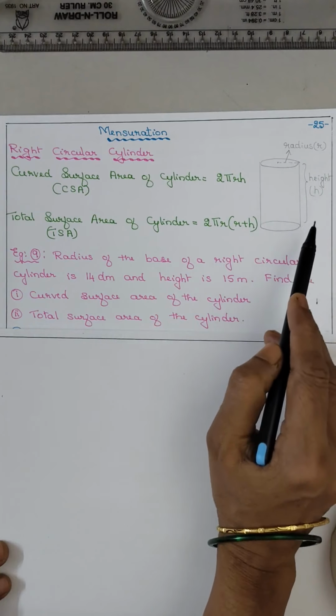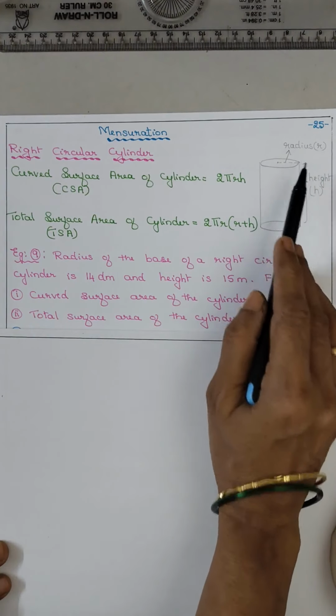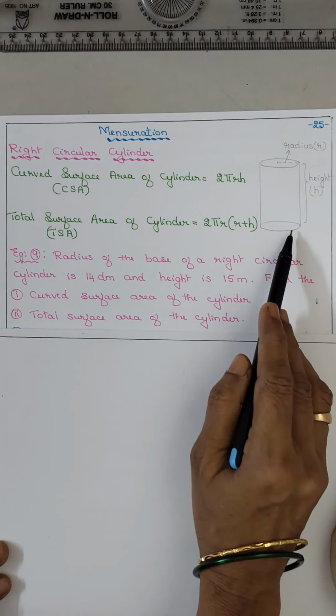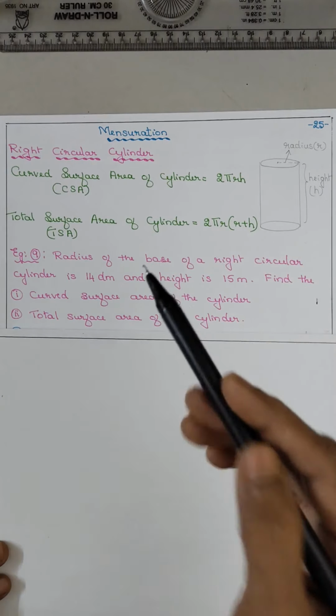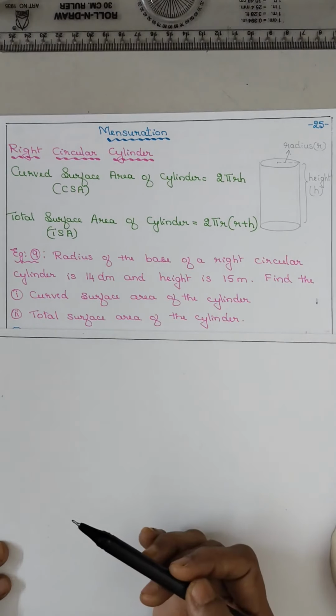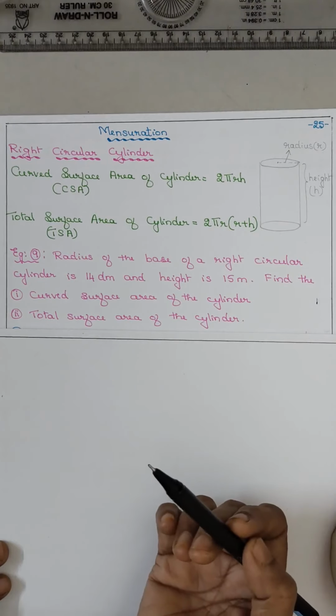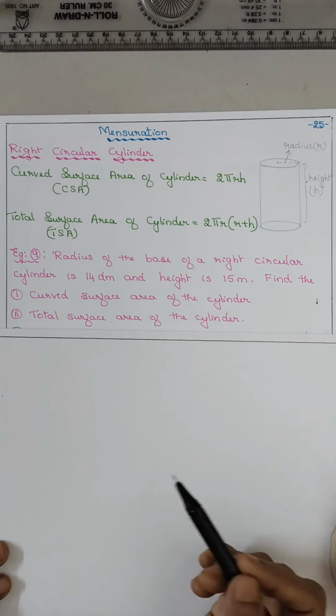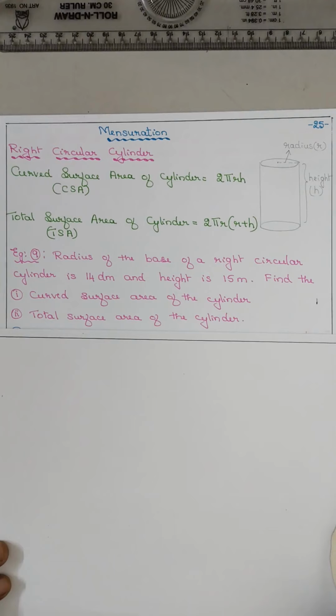H is what? The height. R is what? The radius of the circle, the top and the bottom circle. Now coming to example 9.